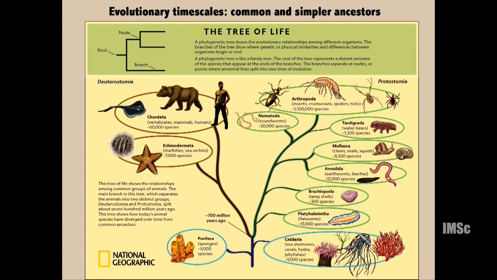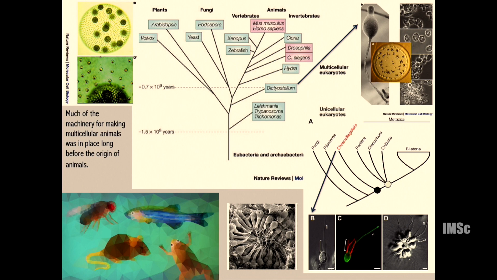And so form is important on an evolutionary time scale. The evolution of form is also interesting in terms of when did you begin to see complex multicellular patterns starting from single-celled organisms?